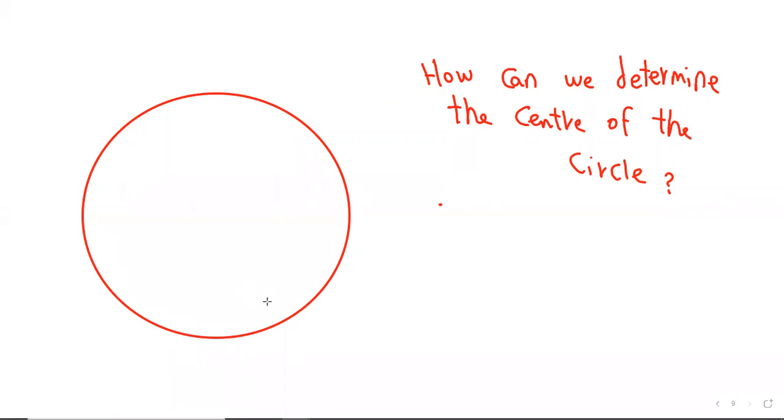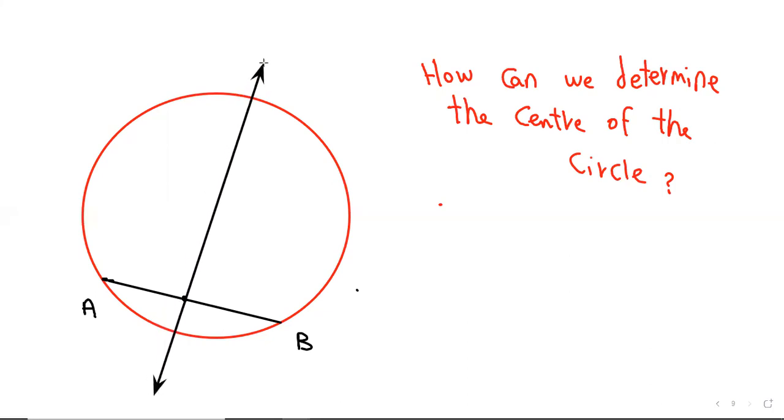Bring your ruler and draw a chord here, like this chord, and find the length of this chord. And from the midpoint of this chord, draw a perpendicular.